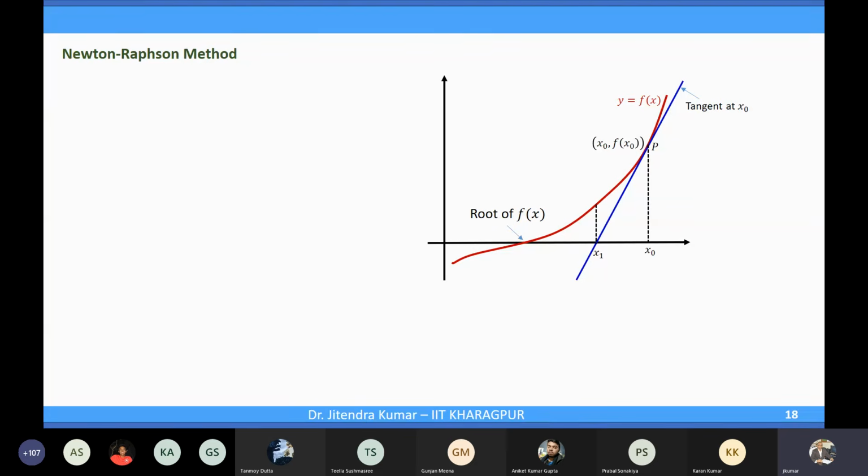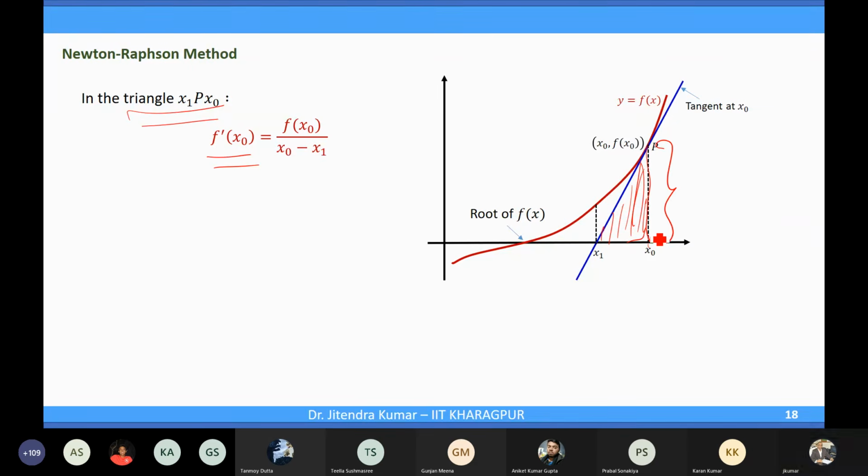So this is your x1, and now you consider this triangle here. In this triangle, the f'(x0), the tangent at the x0 point, would be this distance, which is nothing but f(x0), divided by this, x0 minus x1.